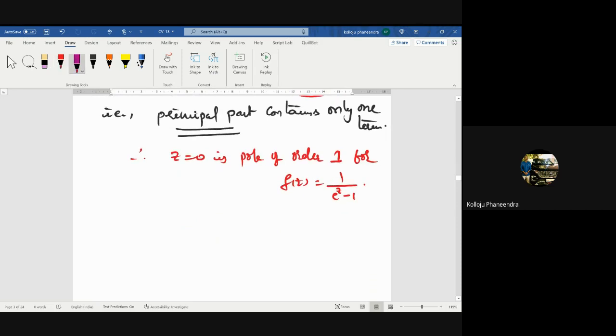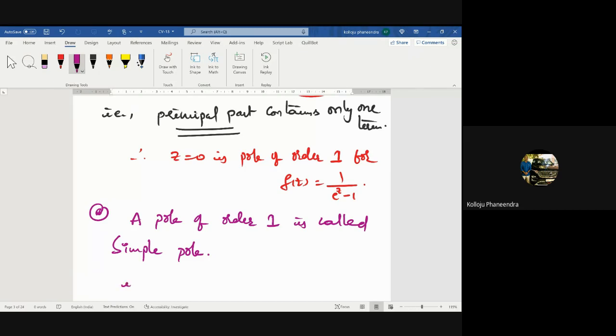Now, another definition. A pole of order 1 is named as simple pole. A pole of order 1 is called a simple pole. That means z equal to z naught is called a simple pole.